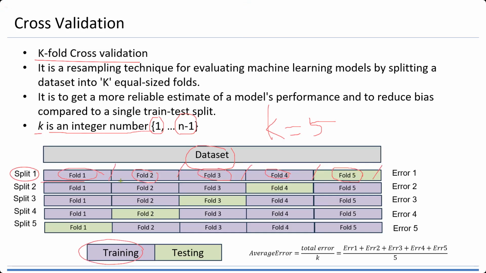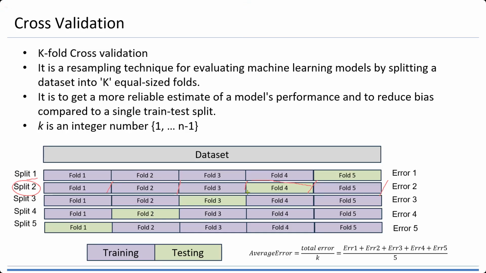After we do this, we will get the error. We call it error 1. Maybe we use the MSE, maybe we use the RMSE. Then we get the value. And then next, we will do the second splitting. The same, we split into 5 different folds: 1, 2, 3, 4, 5.